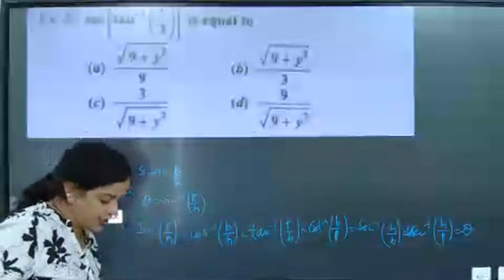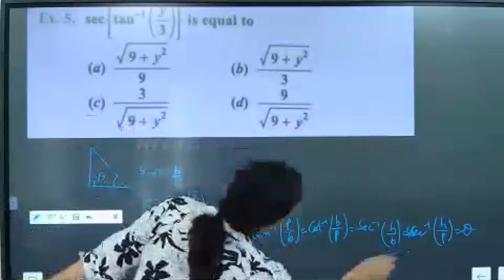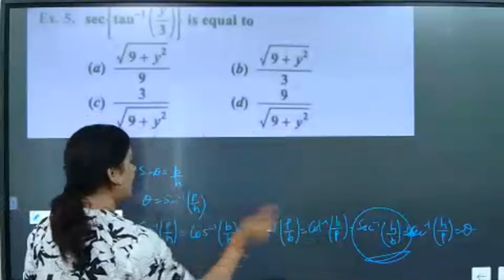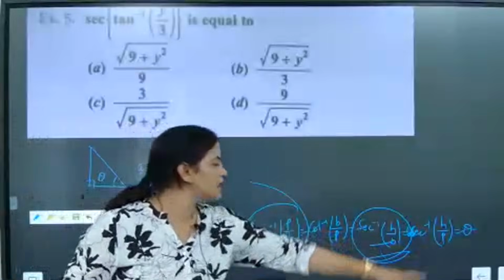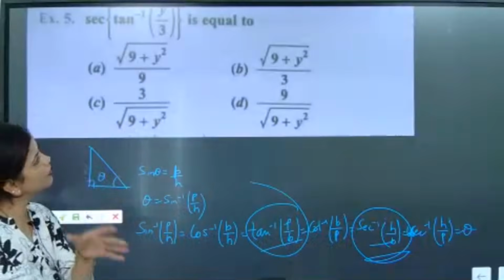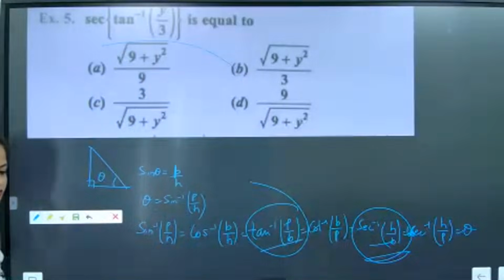So here what we need to do is we need to make it secant inverse and tan inverse. Tan and secant, because they both are equal to each other. We need only one thing: what is given and what we have to find, and we need to find a symmetry in that.